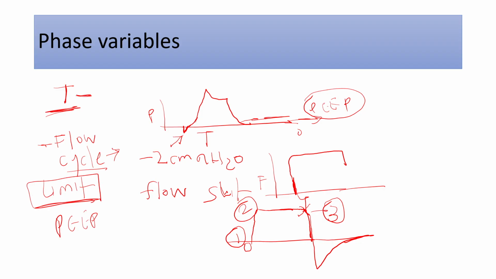So you should check what trigger you have kept, whether it is flow trigger or pressure trigger, what limit you have kept, and how is the cycling of the patient. Like in pressure support mode, the cycling is flow cycled.